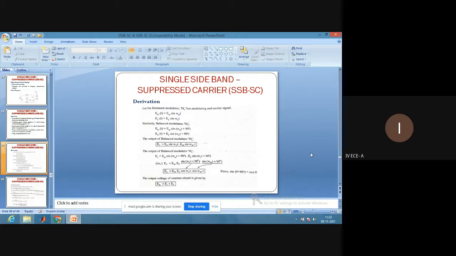The outputs of the balanced modulators are added by a summer and amplified by the linear amplifier. The signals which are in phase are added and those which are out of phase cancel each other. Finally, the output of the amplifier network produces only one sideband, either the upper sideband or the lower sideband, and the carrier is already suppressed by the balanced modulator.